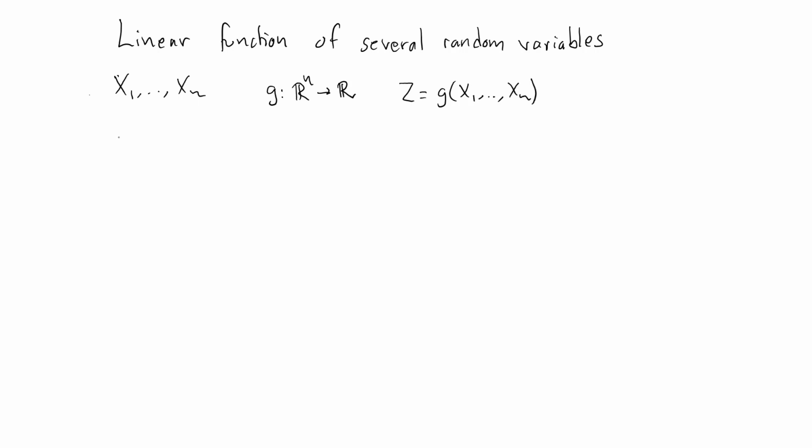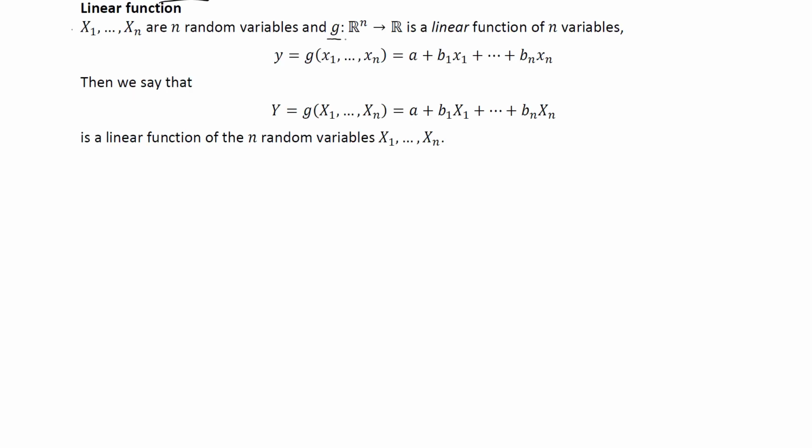An important special case is the case when g is linear. So if g, which is a function from Rn to R, is a linear function of n variables, then I can write it as an intercept plus a constant times x1 plus another constant times x2 plus and so on, and a final constant bn times xn.